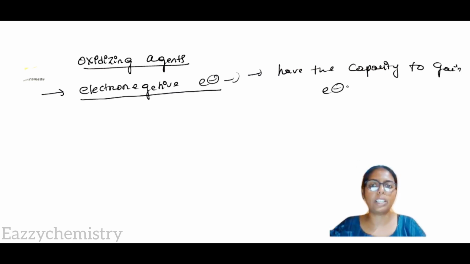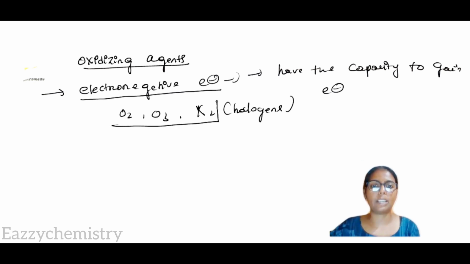That's why we should only consider the electronegative elements, such as O2, oxygen, O3, ozone, and X2, the halogens. So these are the electronegative elements. These can gain electrons, so they can act as oxidizing agents.